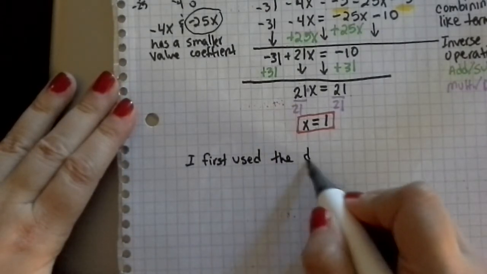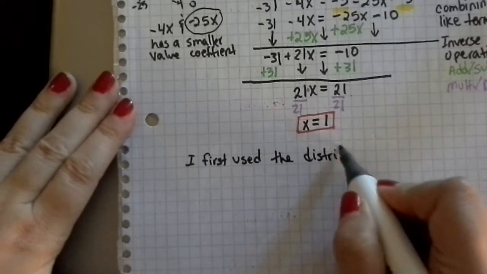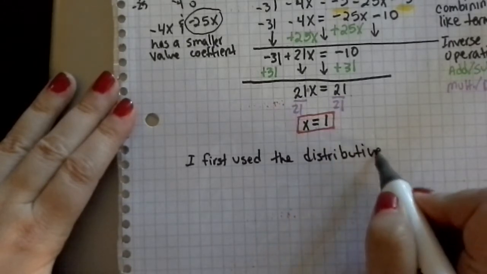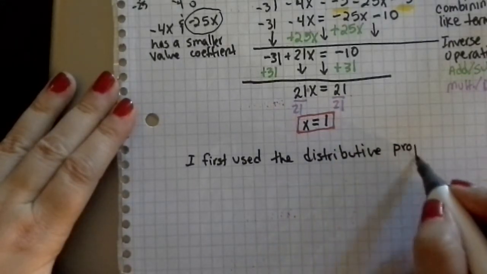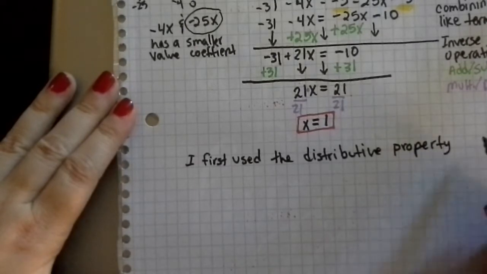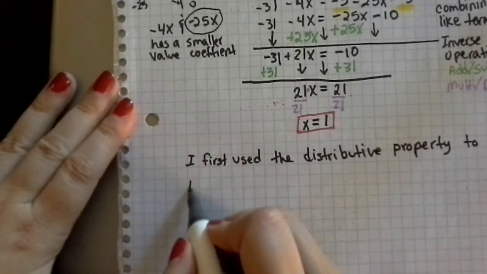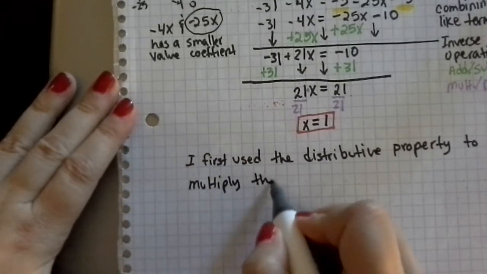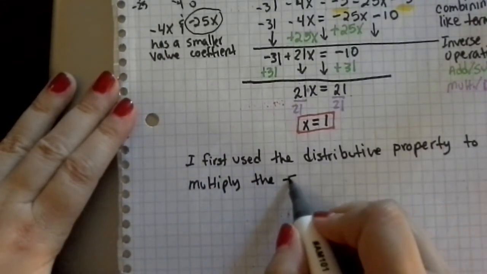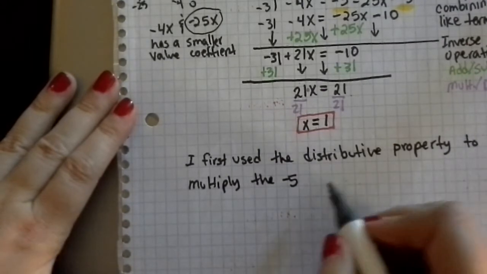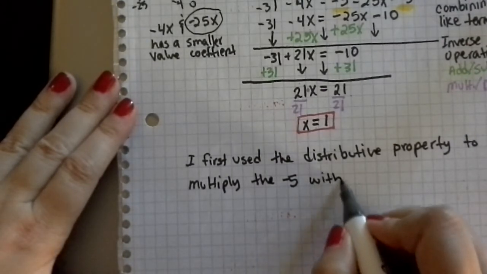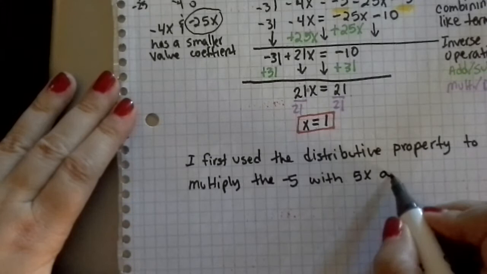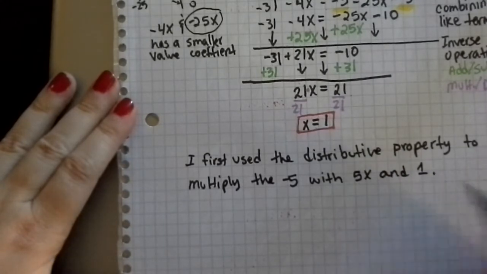Used the distributive property to multiply the negative 5 with 5x and positive 1.